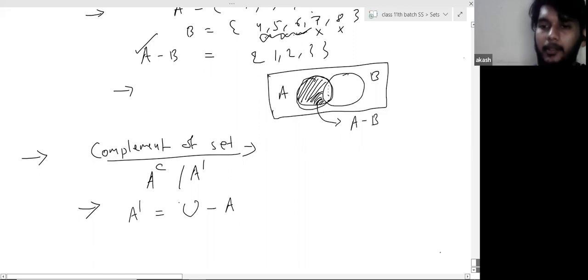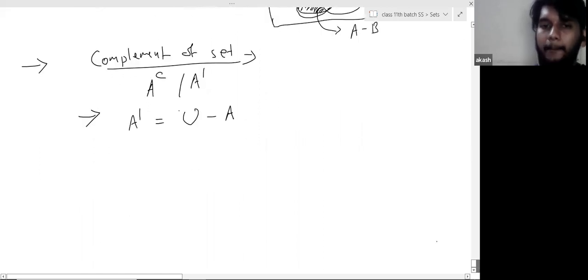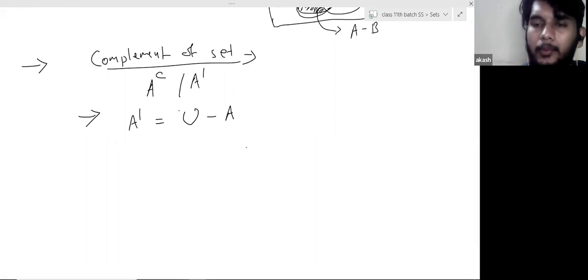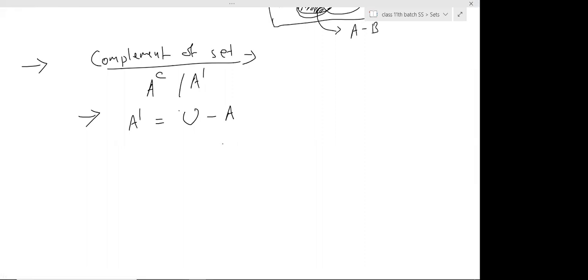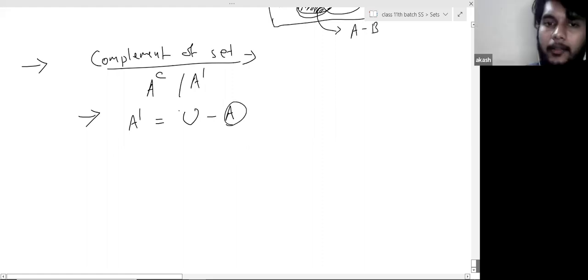What does this mean? Do you remember universal set U? Yes, sir. If you remove a set from the universal set, whatever remains is a complement.